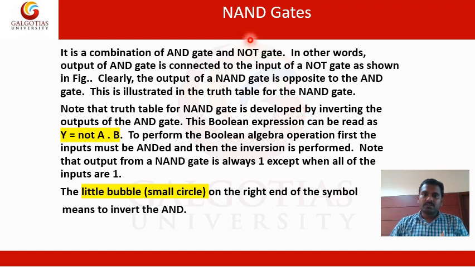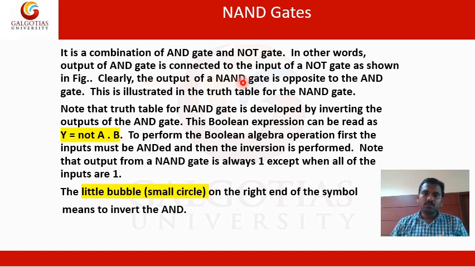We start with the NAND gate. It is a combination of the AND gate and the NOT gate, since both are fundamental logic gates, and we have already discussed their characteristics. In other words, we can say that the output of the AND gate is connected to the input of a NOT gate, and you can show this in the figure.